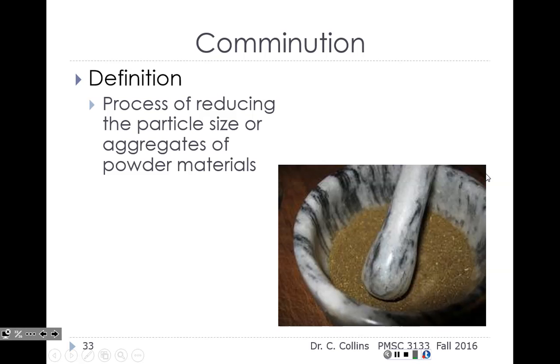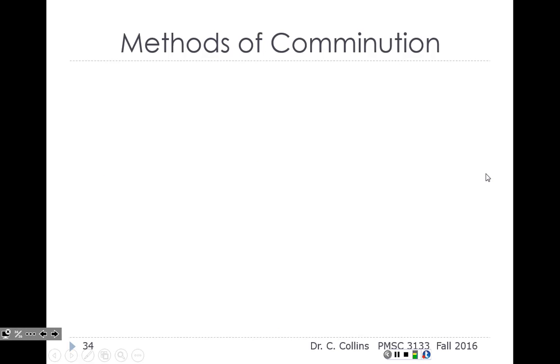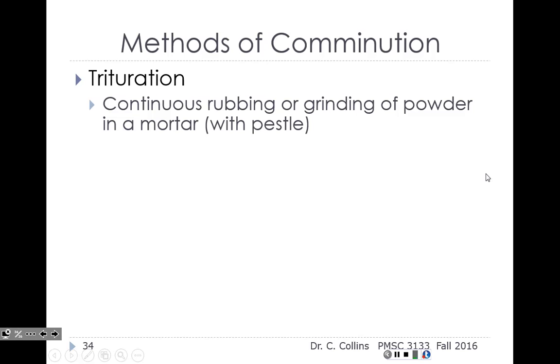Now the processes, which are defined next, methods of comminution. Trituration. Moving around in a mortar and pestle, that process is referred to as trituration. You may or may not be doing comminution with that. If it's a powder, you probably are. But you can use trituration to mix a couple of liquids also.